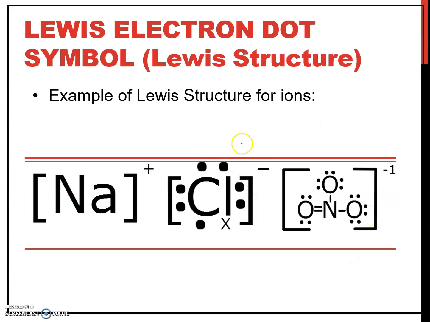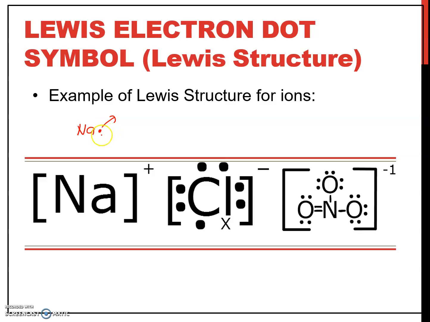Okay, next, Lewis structure for ion. If a neutral sodium atom has 1 valence electron, and that 1 valence electron is released or removed, it will become a sodium ion.